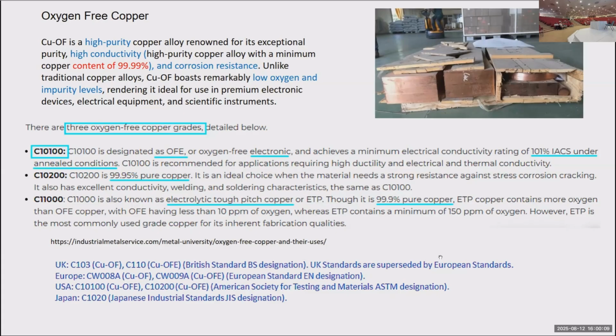Why don't we use silver or gold? Because it's very expensive. This is the most conductive material that we are going to use, due to prices. And the content is about 99.99 purity.